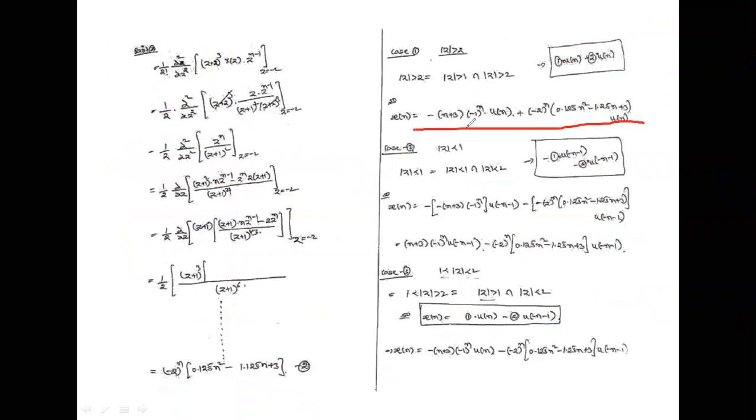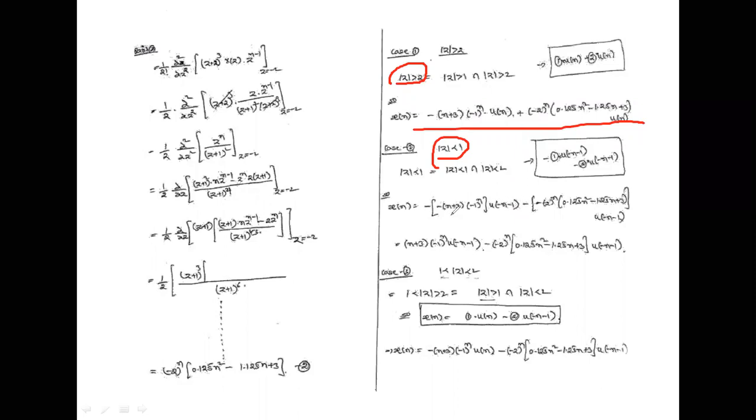Why I multiplied with 1 for the first ROC, saying that greater than the 2 and less than the 1, x of n is equal to, you see, instead of mu of n, write this mu of minus n minus 1, keep the minus in front.